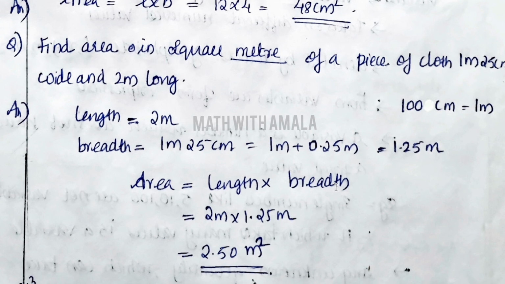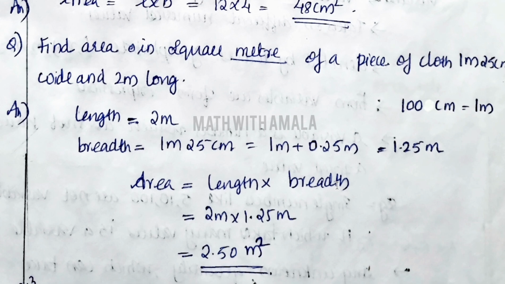Find area in square meter of a piece of cloth 1 meter 25 centimeter wide and 2 meter long. So we have to calculate the answer in square meter, and the question is given in both meter and centimeter, and you have to convert that completely towards meter, then you can do this.